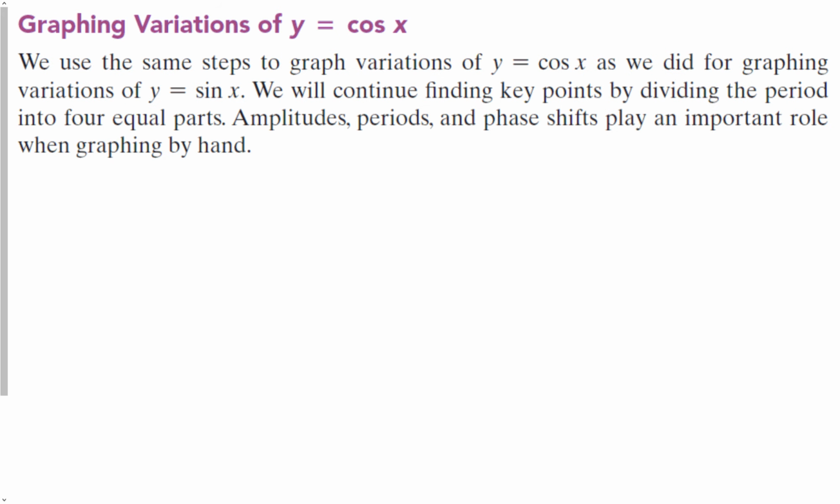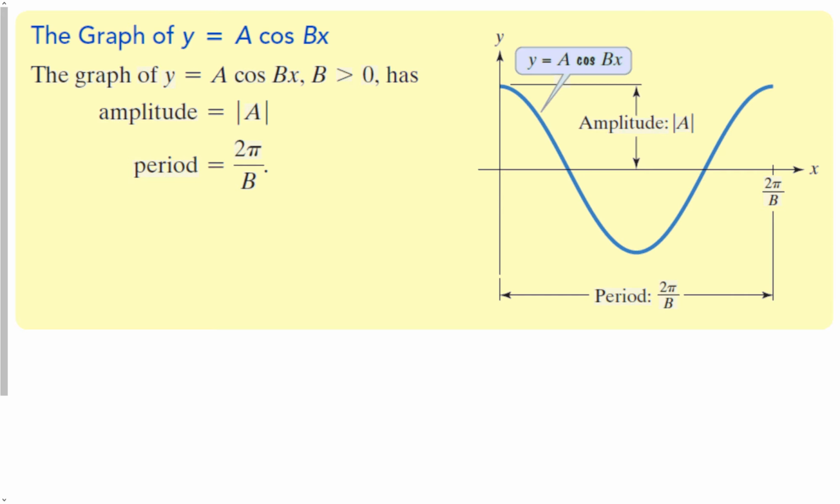All right, so let's graph some variations. Okay, we're going to do the same thing, right? We're going to find amplitudes, periods, phase shifts, and graph them all. Formulas are the same. The amplitude is the absolute value of A. The period is still 2 pi over b. The difference is where it starts, the y value of where it starts.